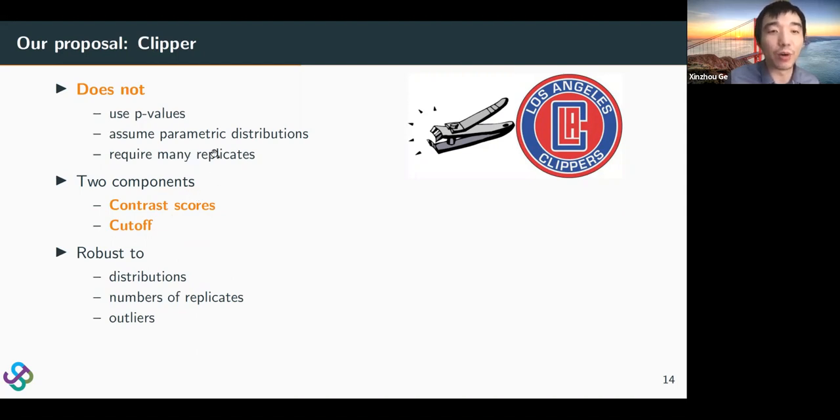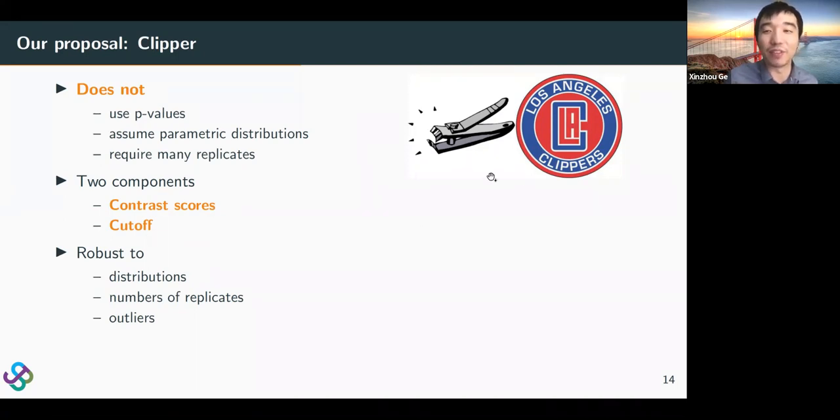We call it Clipper because we only want a small proportion of features and get rid of the others, so it is like a clipper. Another reason is that we are in LA and we have a basketball team called the Los Angeles Clippers.